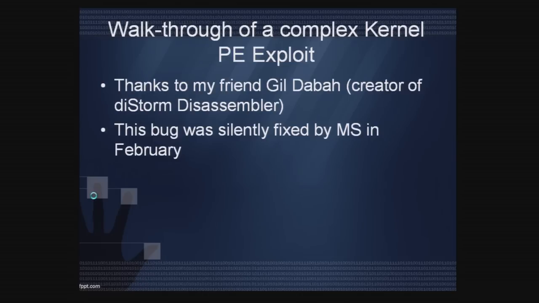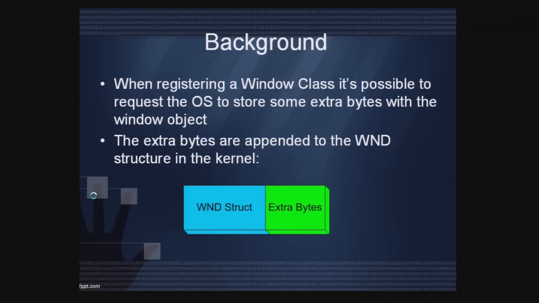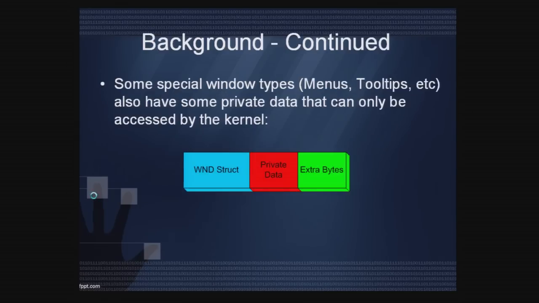So as I said, this is an exploit that was found by a friend of mine, and it was fixed silently by Microsoft. It's a bit more complex. It relies on a feature of Windows. When you create a window or a window class in Windows, you can ask the operating system to store a few extra bytes with the window structure in the kernel for you.